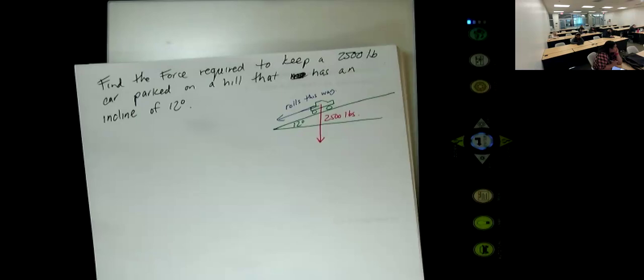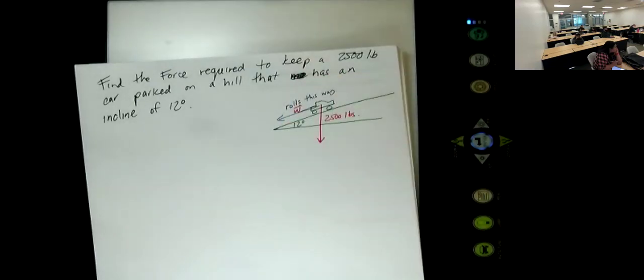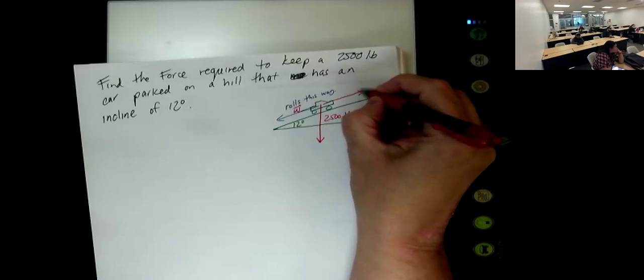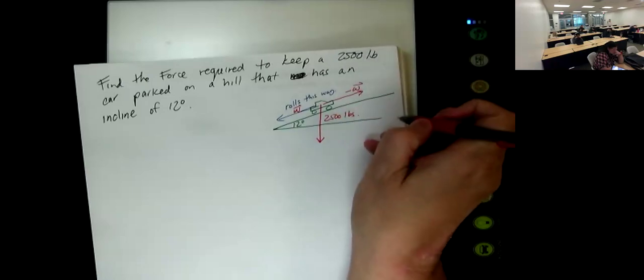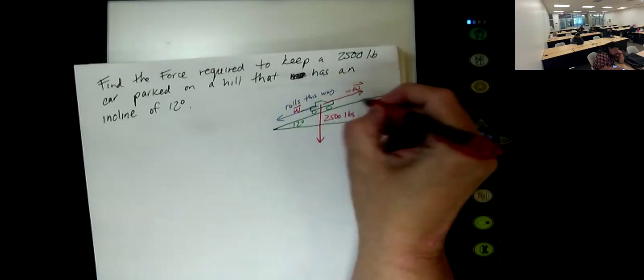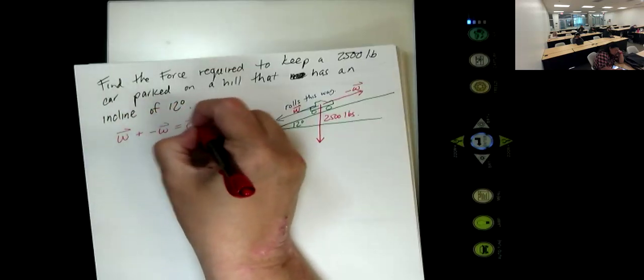Let's call that vector V, or W. If I want to make it so it doesn't move, I need to counteract that vector, which means I need a force pushing equal and opposite in this direction, such that W plus negative W equals 0, and the car doesn't move.